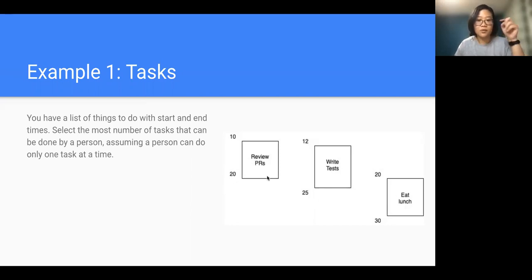What's our next step? We want to pick the next task, and for that we want to make a decision: which is the start time that is closest to this point? So here we go, eat lunch, right? Obviously we cannot pick write tests, because its start time is earlier than 20, so it's less than the end time of the task that finished earliest.